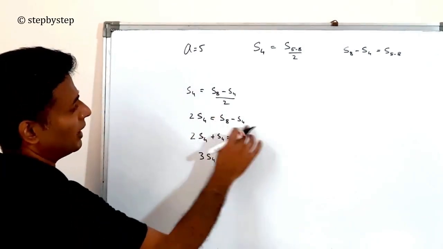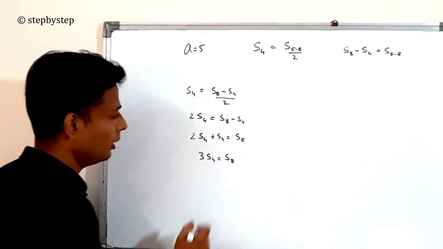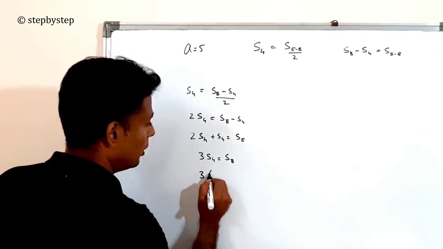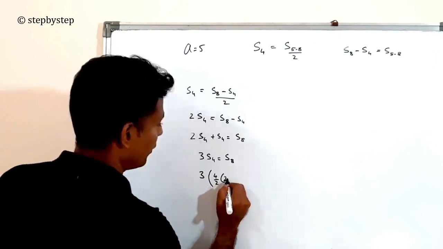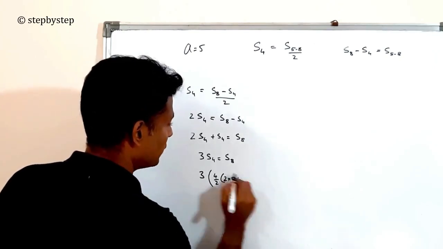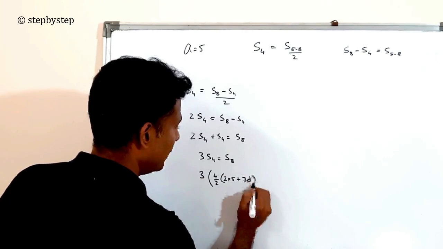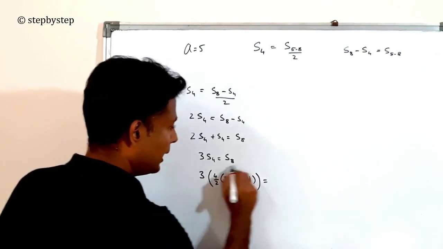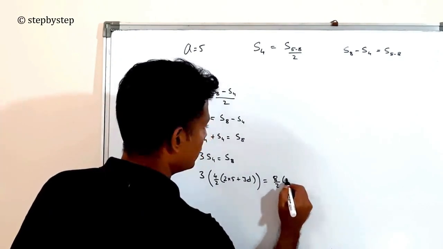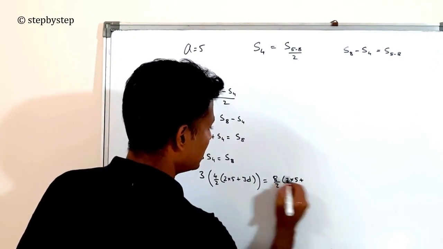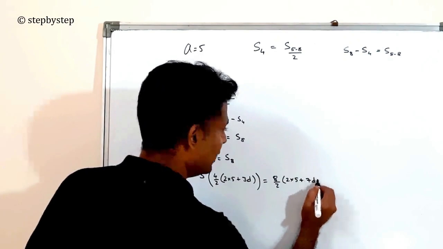Otherwise you can directly apply the formulas here itself and solve. So I get 3 into n by 2, that is 4 by 2, into 2a, that is 2 into 5, plus n minus 1, that is 4 minus 1, 3d, equal to S of 8, that is 8 by 2 into 2a, that is 2 into 5, plus n minus 1, that is 8 minus 1, 7d.